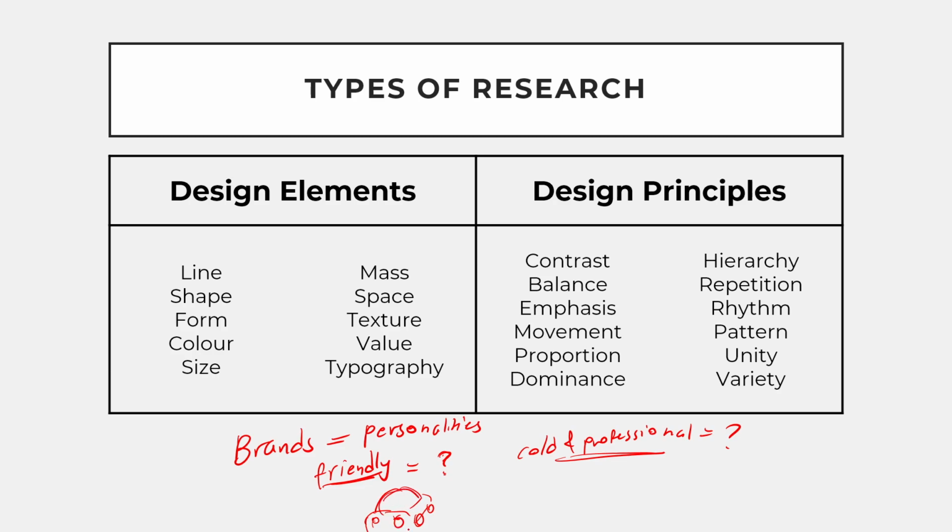Yes, and you're right. Some brands have to be cold and professional, because you won't trust a bank if they are too playful. Maybe that's why it's very hard for you guys to think of a bank that's playful. There are some, but I think from the looks of it, it's not successful. Look up CIMB and look up MBank, because I think these guys tried to be friendly by being cute.